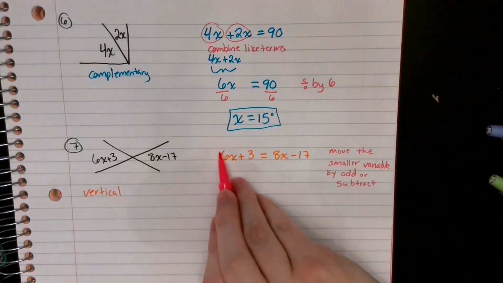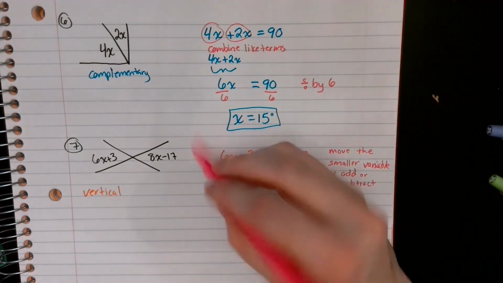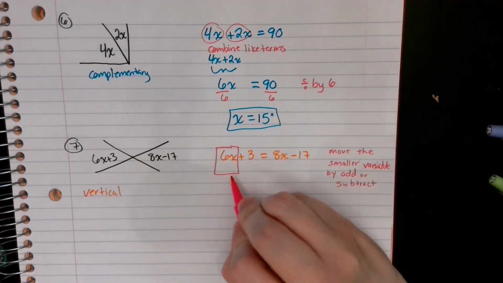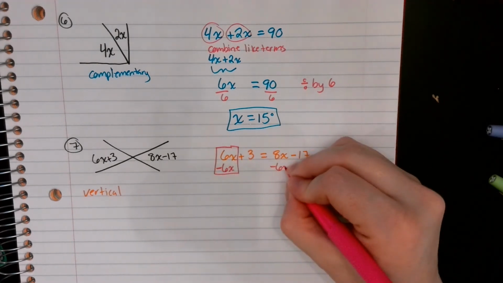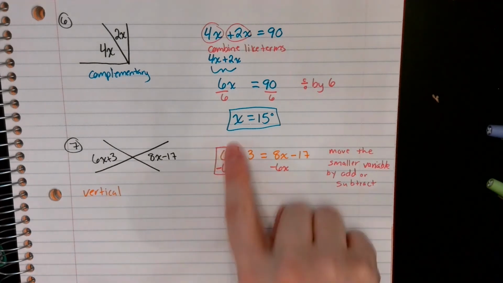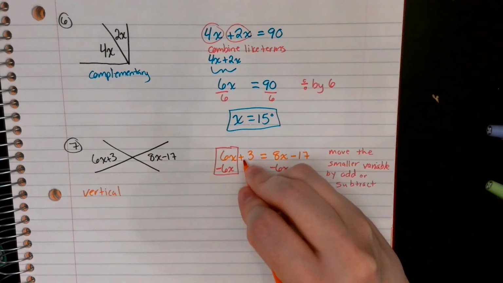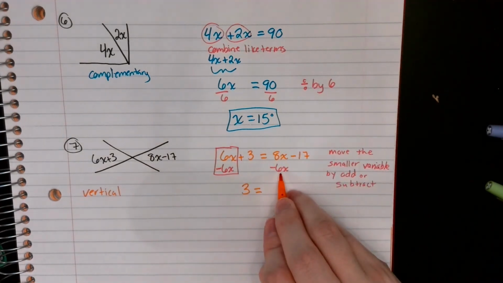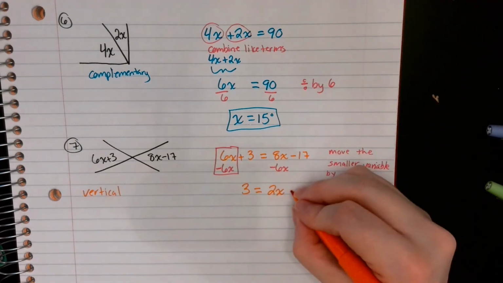So when we're looking at 6x compared to 8x, 6x is the smaller one. And since it's a positive 6x, we're going to subtract 6x from both sides. Okay, so 6x minus 6x is going to leave me with nothing. I have a positive 3 still. Then 8x minus 6x is going to leave me with 2x, and I still have that minus 17.